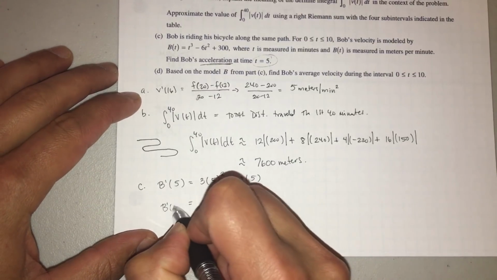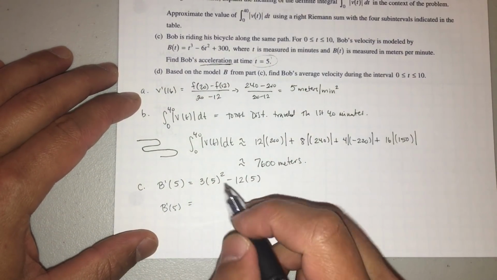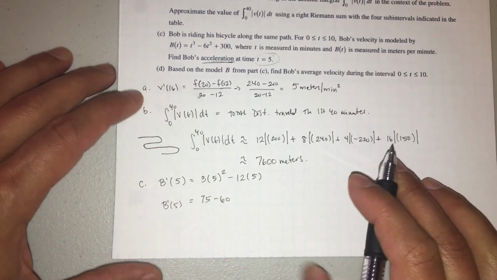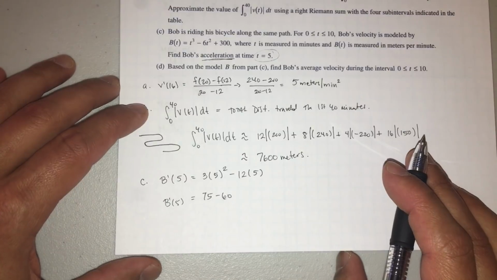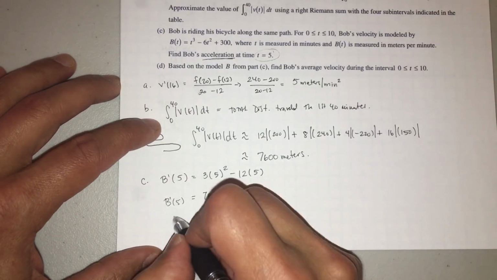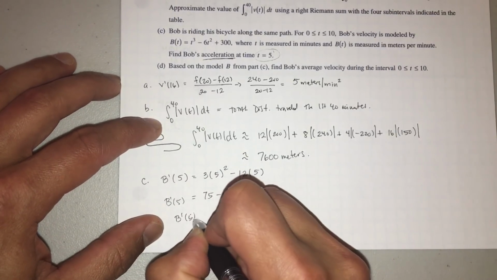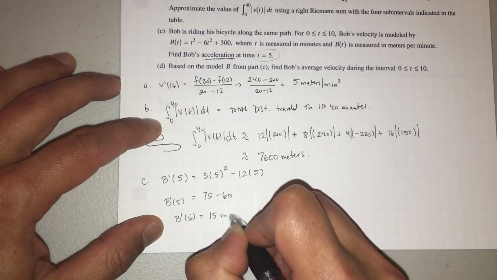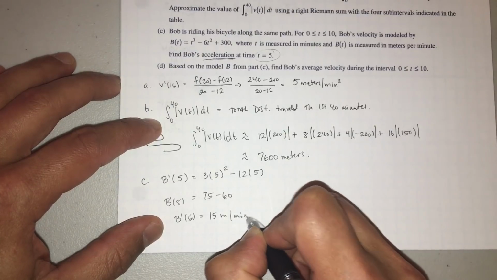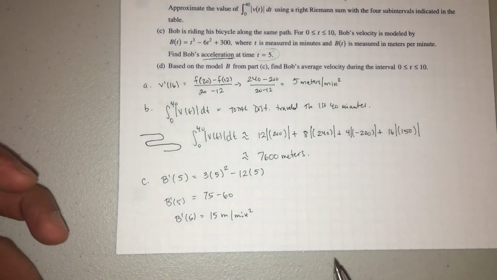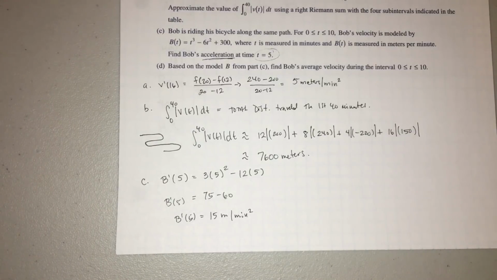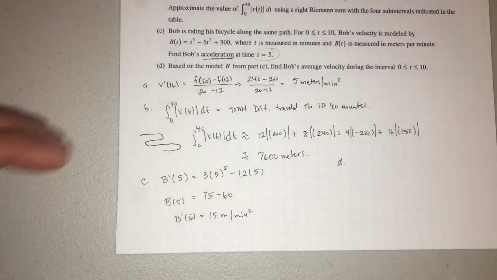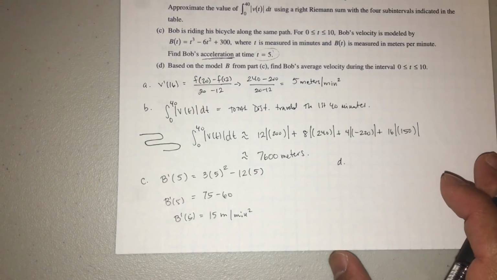So b prime of 5, so that gives you 25 times 3 is 75. 75 minus 60, okay, and that would give you 15. And if you notice, one of the things that you should do is when you're working on these problems, per minute squared, talk it out, talk yourself, do like self-talk out loud, because too many times you do it in your head and you're trying to beat the clock and trying to be on time, and you mess yourself up.